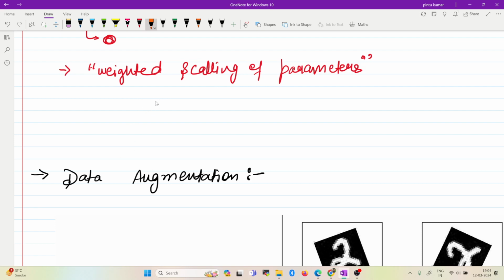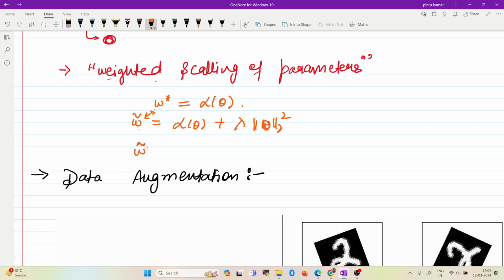Let's say W star is the optimal weight that you obtained by minimizing L theta, and W tilde is the weight that you would obtain by minimizing L theta plus some lambda times the L2 norm square of theta. The weighted scaling of parameters is a relation between W tilde and W star.